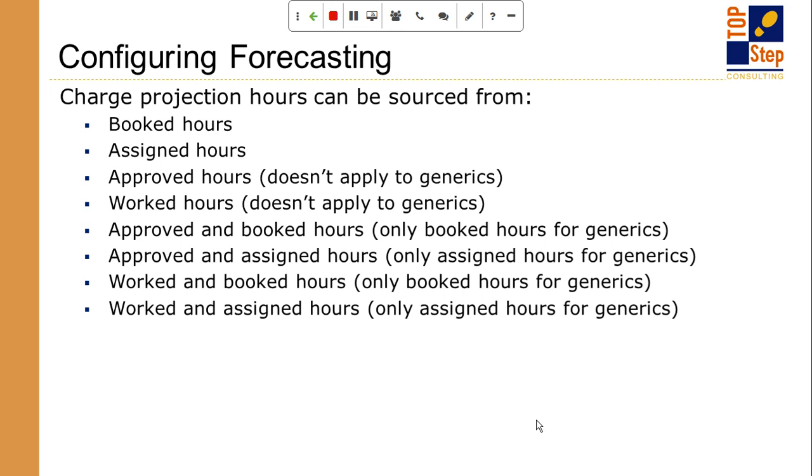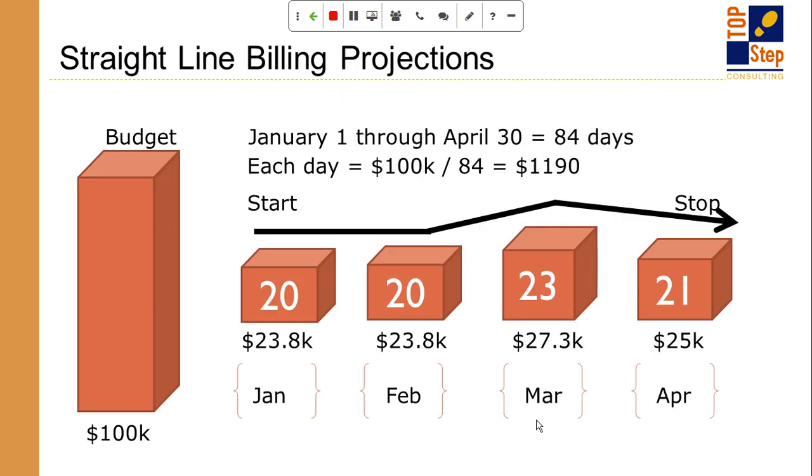Generics don't have any actuals, so you'll always get a forecast from today forward based on the forecasting calculations for generics, because generics don't have any actuals historically in the system. So that's the revenue piece or the billing piece of it that relies on the resource schedule.